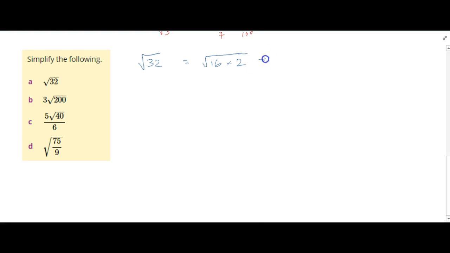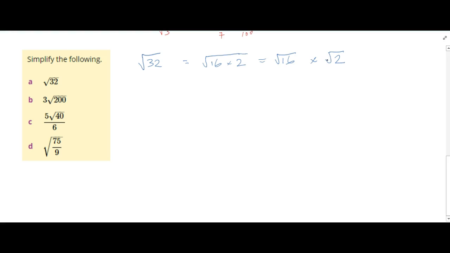Now there's a law in surds which says the square root of 16 times 2 is the same as the square root of 16 times the square root of 2. So I've just split those two up into separate radical signs. Now we've got two separate surds.